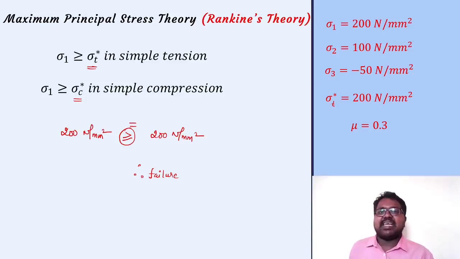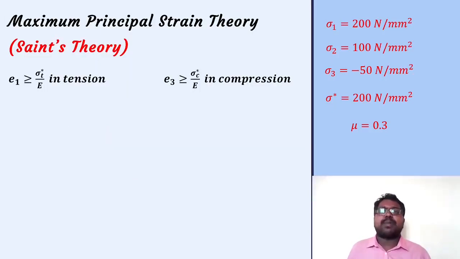Now going to the second theory of failure, maximum principal strain theory. According to this theory, strain in the material will be greater than or equal to sigma T star by E, which is nothing but strain at elastic limit in simple tension or strain at elastic limit in simple compression. So if the strain in the member e1 is greater than or equal to sigma T star by E, means strain at elastic limit, then member will fail.